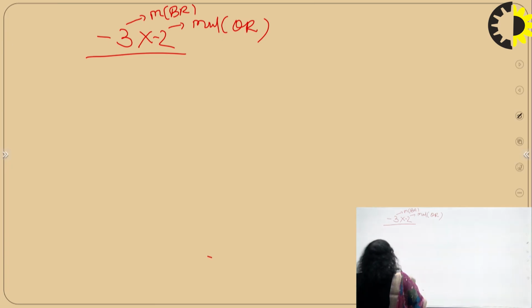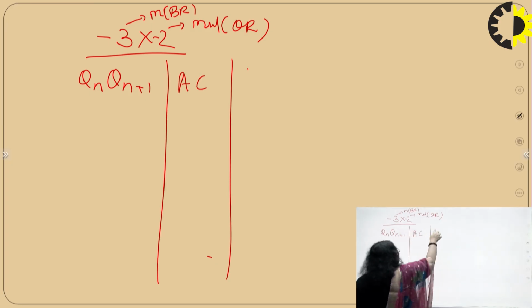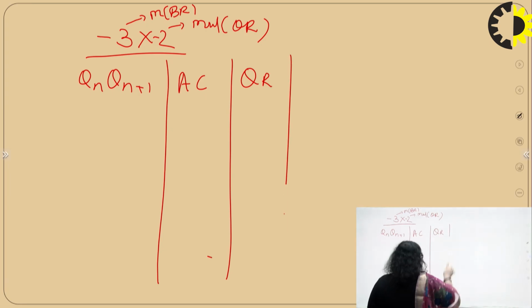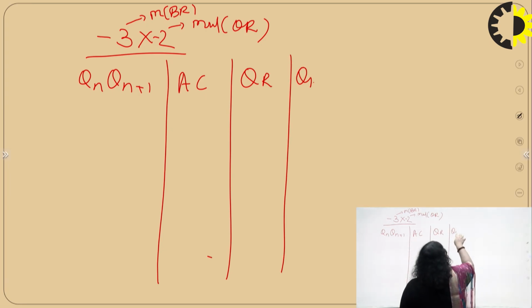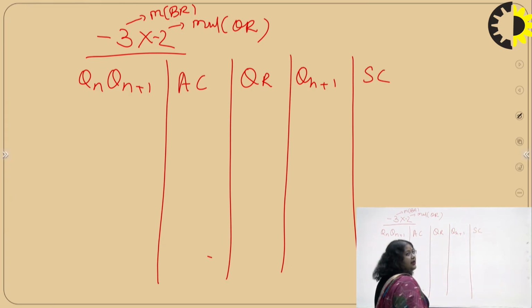So first we make the table with columns Qn plus 1, AC, QR, Qn plus 1 and SC. This is the basic formation of the table.